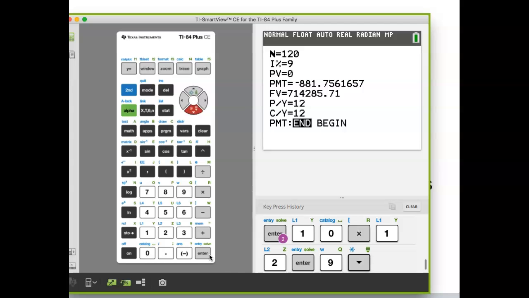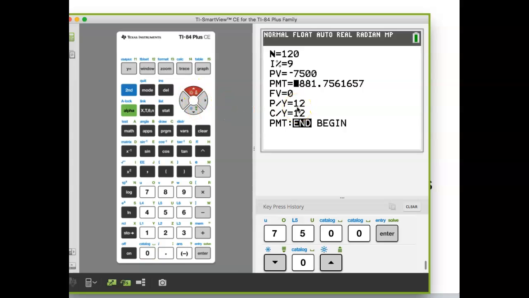The present value of our loan, what we owe, is negative $7,500. Payment is what we're going to solve for, so just leave it as is for now. The future value, we want our loan to be 0, because we're trying to pay off the loan.